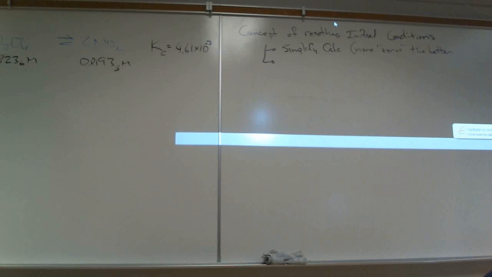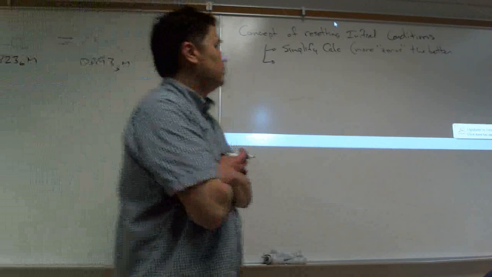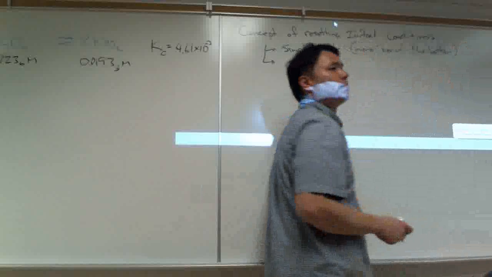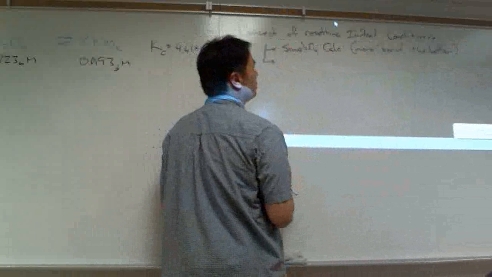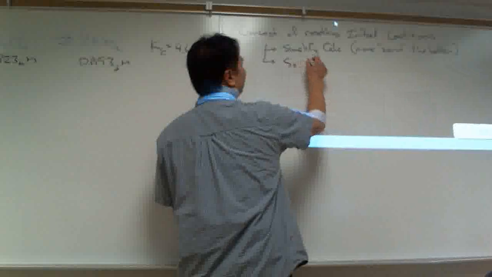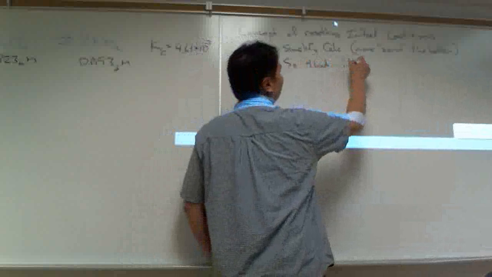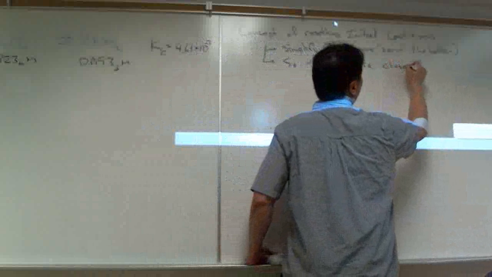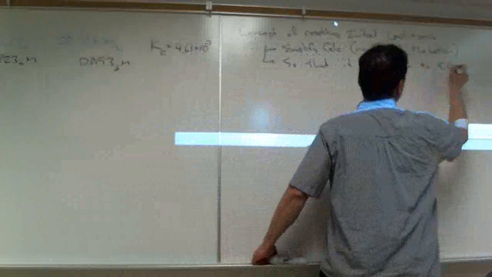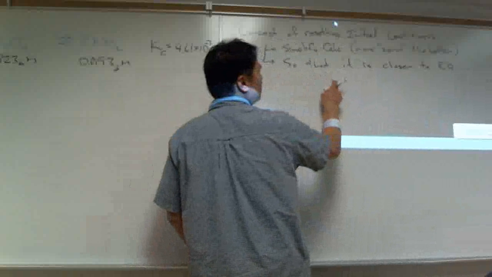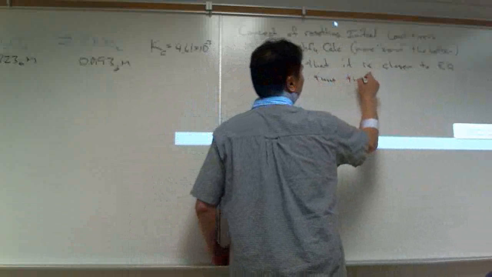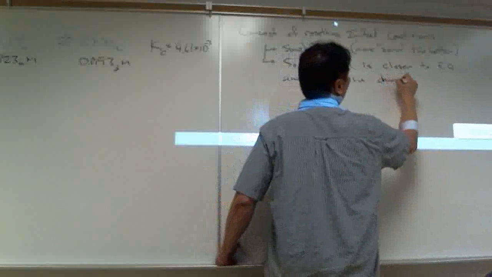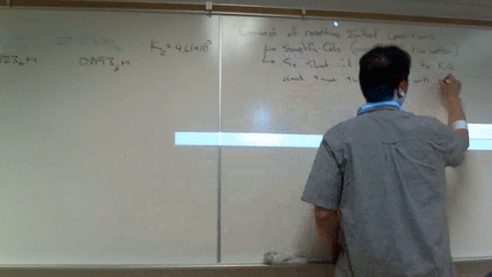Excel, I think, carries 99 digits or 100 digits or, I don't know, 1,000. But your calculator is going to be limited to how many digits you have. And so what we want to do is reset the initial conditions so that it is closer to equilibrium, and thus the change will be smaller.